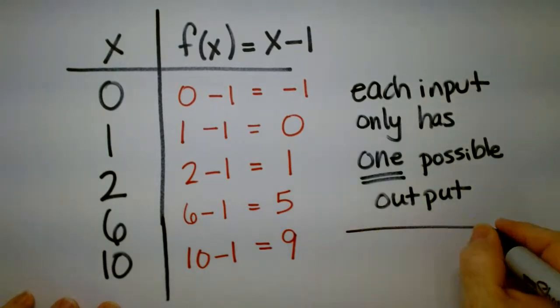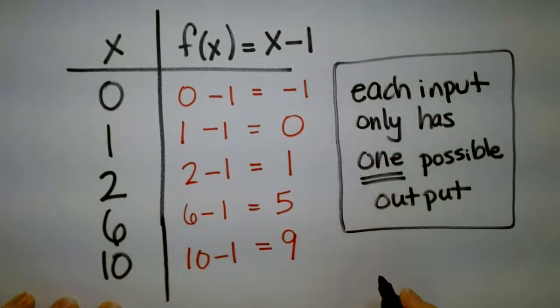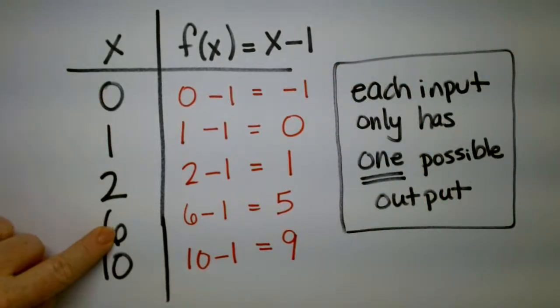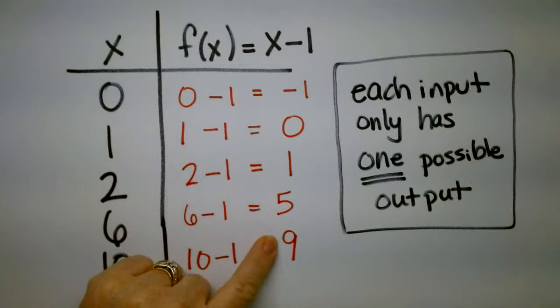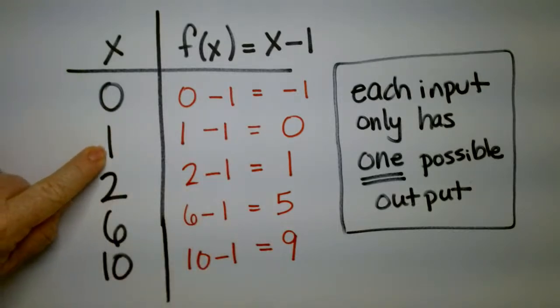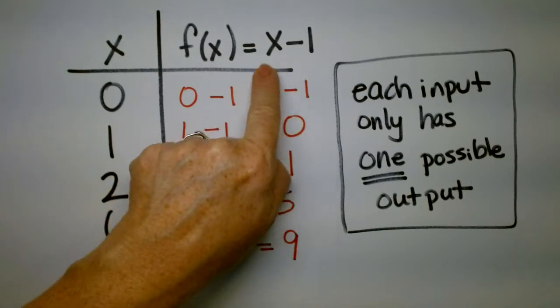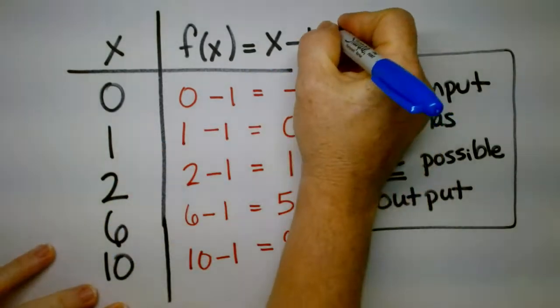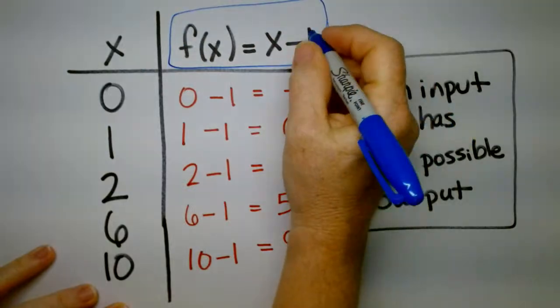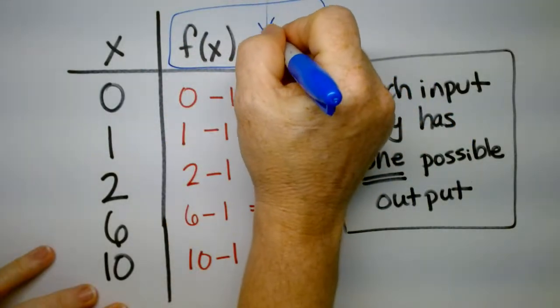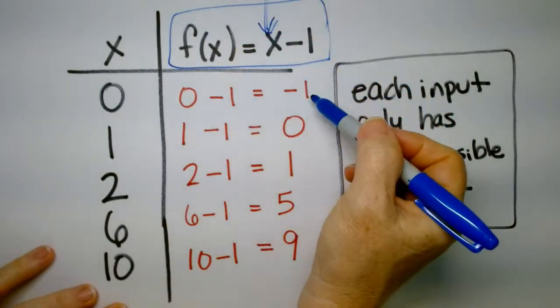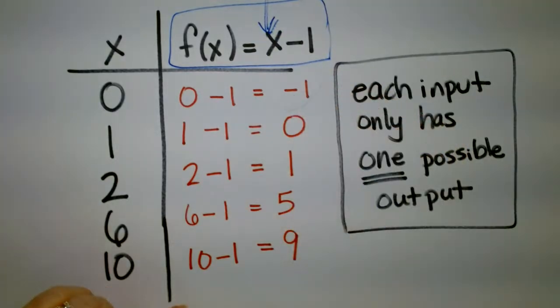And that's as far as we're going to go. So I just want you to see that every time you put an input, you get one output. I can't put a 1 in here and get like a 0 and a 4, right? I get 0. So based on this function up here, this is our little math machine. And when you insert your quarter that says 0, it spits out a -1 chocolate bar or something, right? Okay, so these are functions.